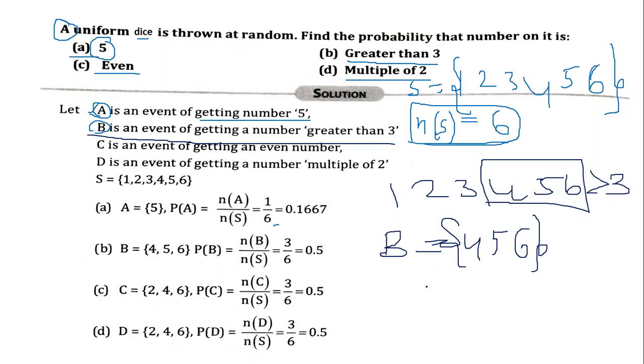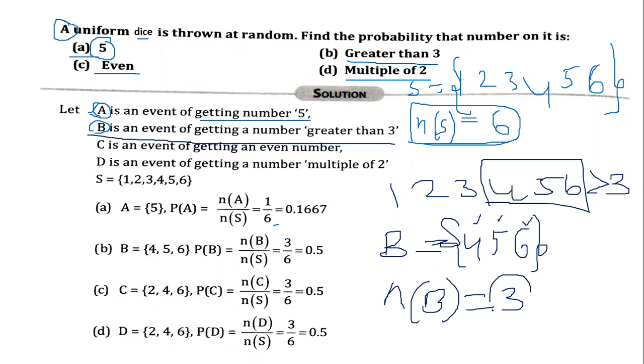So the number of results for the event B, where you are getting a number more than 3, is 3 different possibilities. You can get 4 one time, 5 one time, and 6 one time.